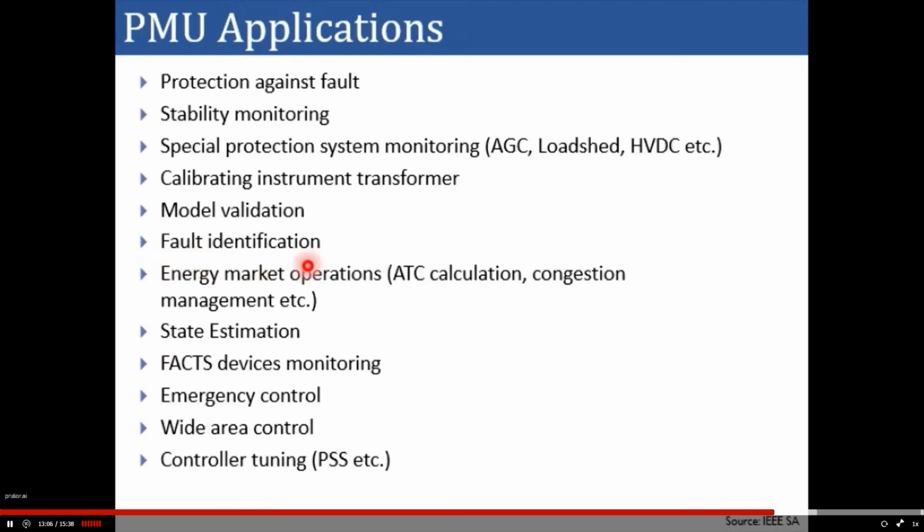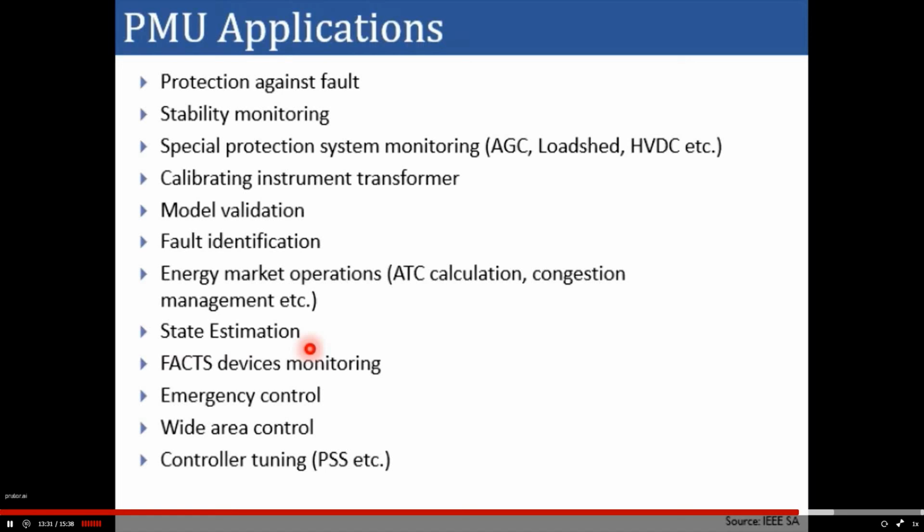Fault identification. Using PMU data signature analysis, we can identify the fault in the system. Then energy market operations like real-time ATC calculation or congestion management can be done with the help of phasor measurement unit data. We can also run state estimation using PMU data.